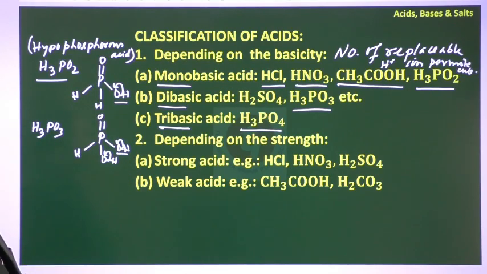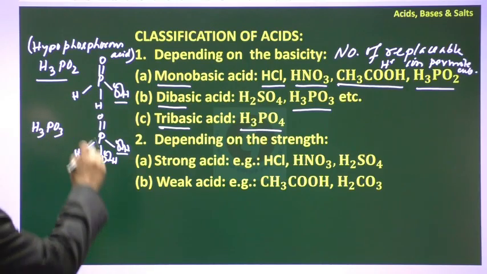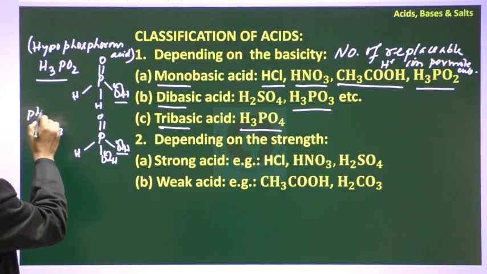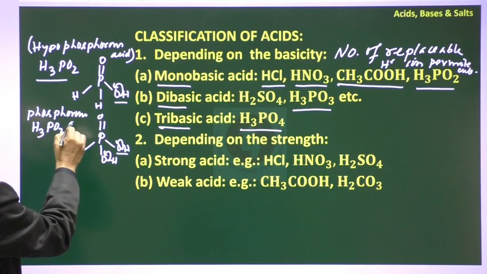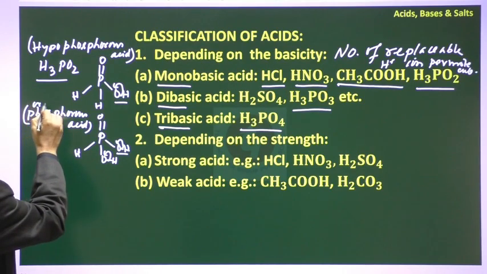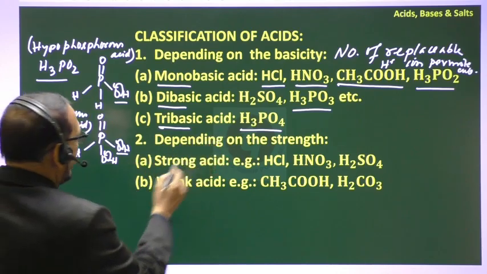The OH bond is more polar than the PH bond, and that's why it will give 2 H plus, and that's why it is dibasic. Similarly, this is hypophosphorus acid, and this is phosphorus acid. You can say the name is phosphorus acid, or we say orthophosphorus acid.